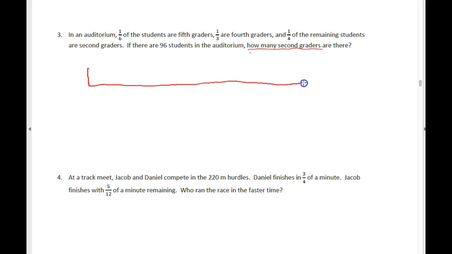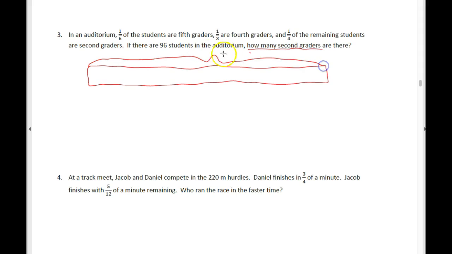And it's pretty big because it's evidently a fairly good-sized school. They've got 96 all together. So this whole auditorium is full with 96 students.